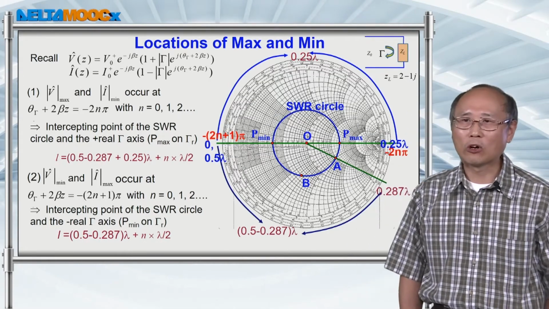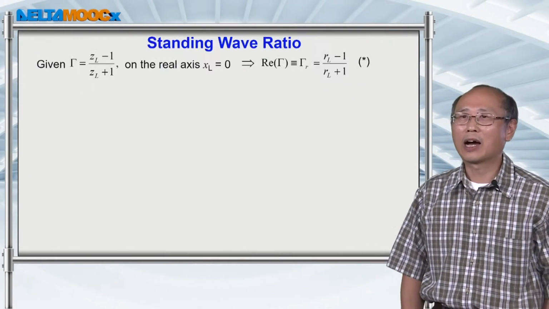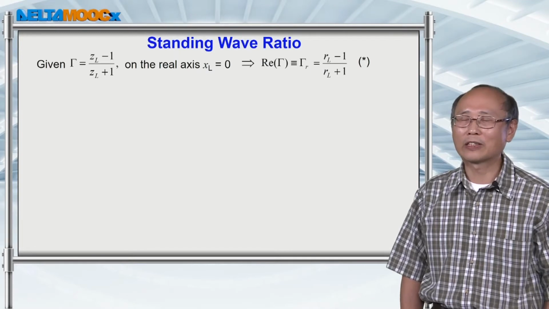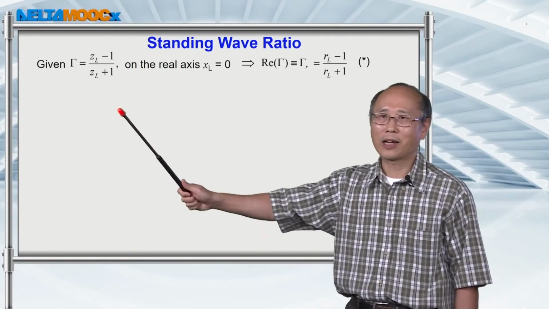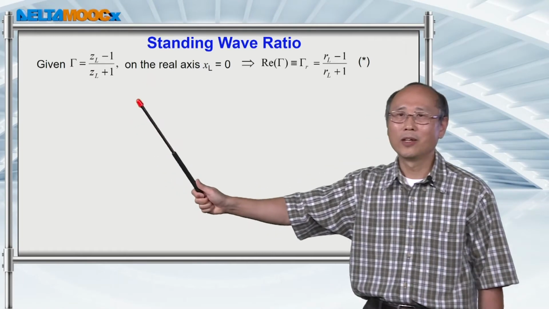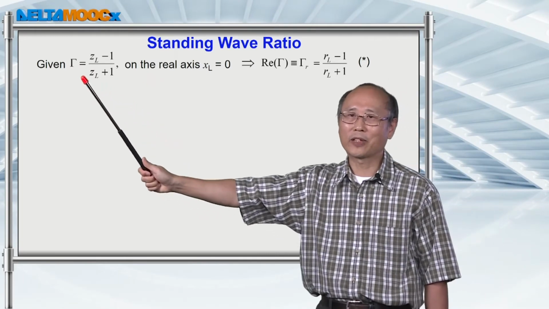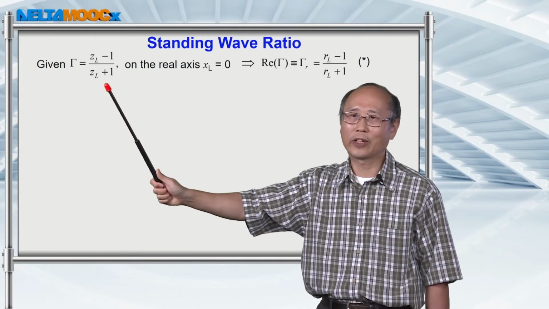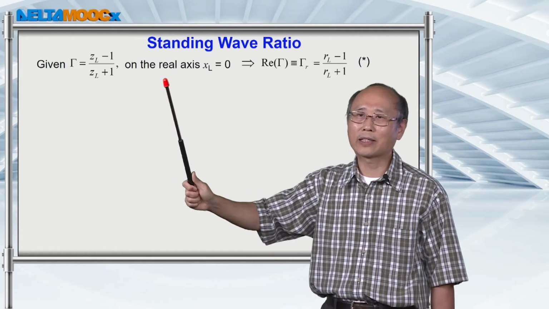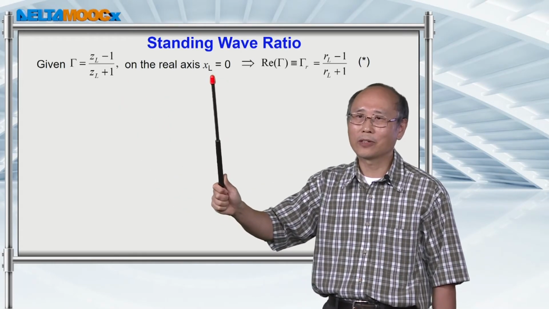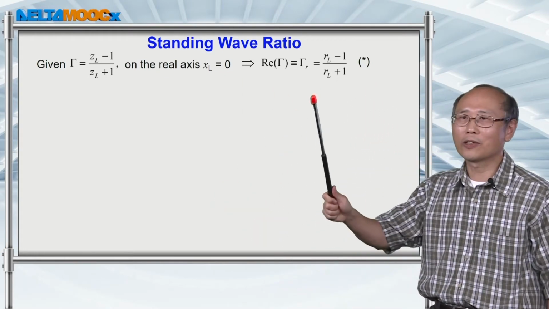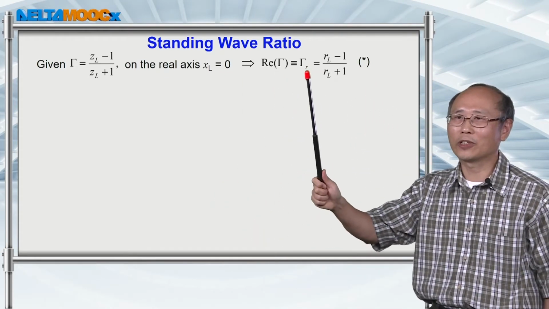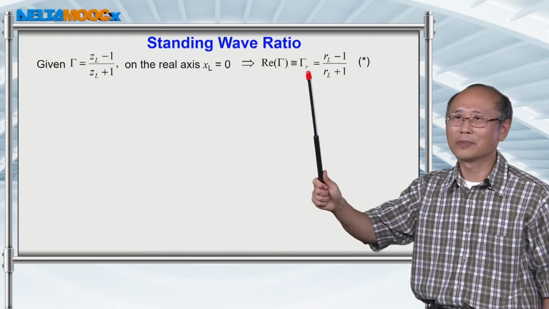Now, we could also be interested in knowing the standing wave ratio from this Smith chart. So let's try to understand this. Well, previously we have the definition of the reflection coefficient like this. And on the real axis, the reactive part is going to be equal to 0. So your reflection coefficient will have a real value.